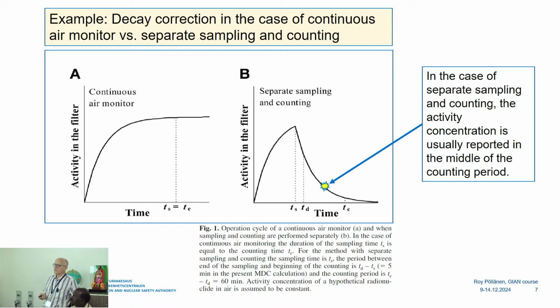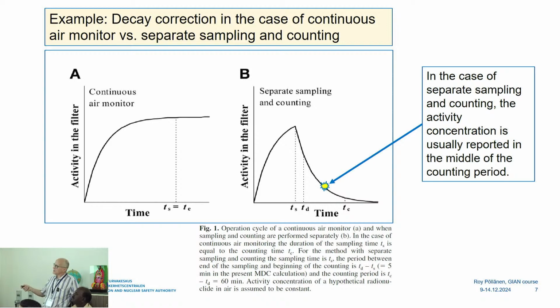And if we assume that the concentration of radionuclides in air, inside air or outside air, is constant, and if we use a continuous air monitor and we start sampling here, the activity in the filter behaves like this. After some time, there is a balance because of radionuclide decay.